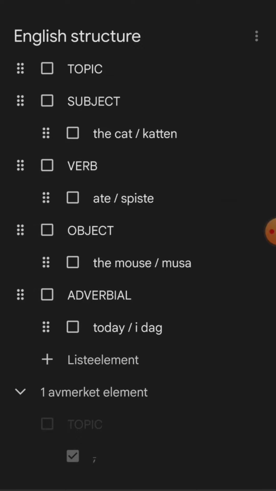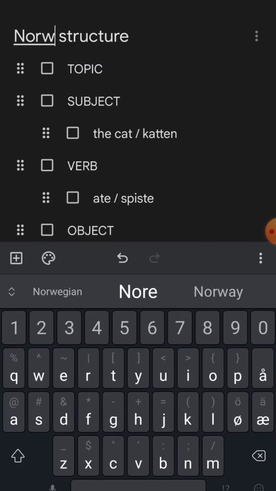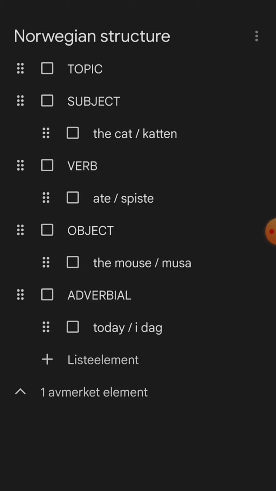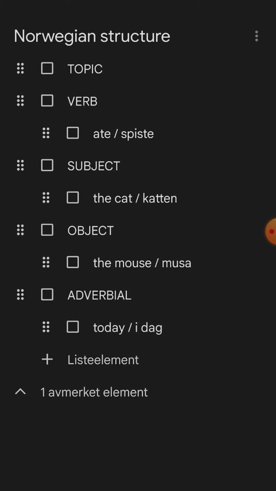Now, the thing is, in Norwegian structure, this is not actually what it looks like. All the textbooks will say that Norwegian is a subject-verb-object language. It's not. It's a topic, verb, subject, object language.